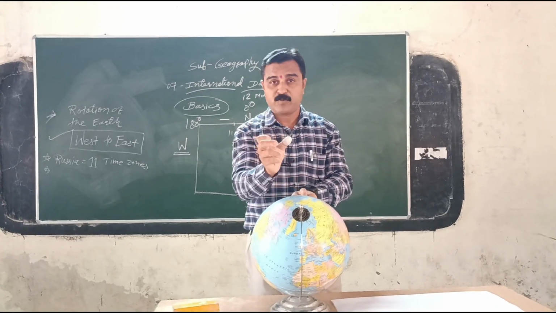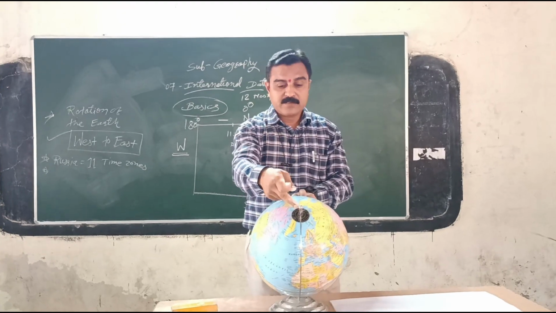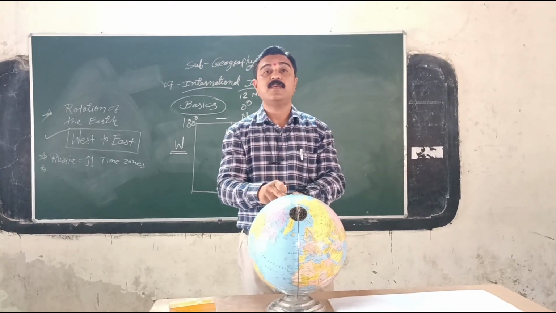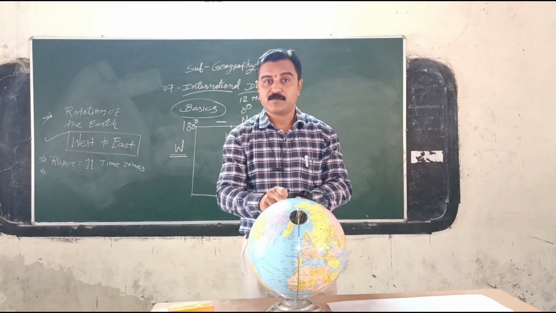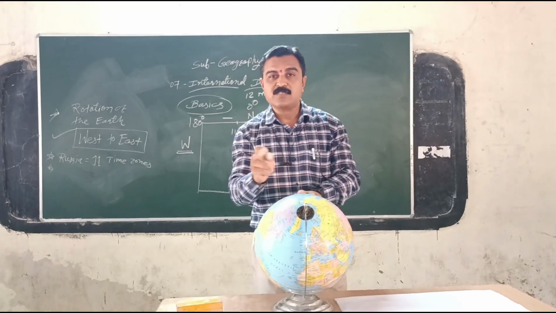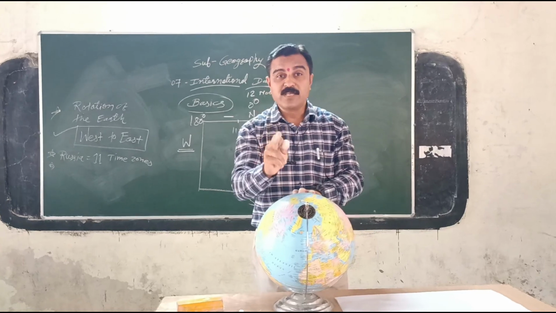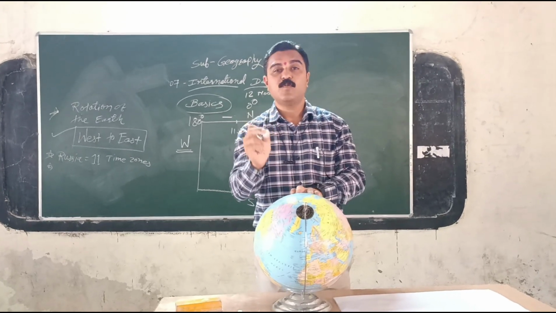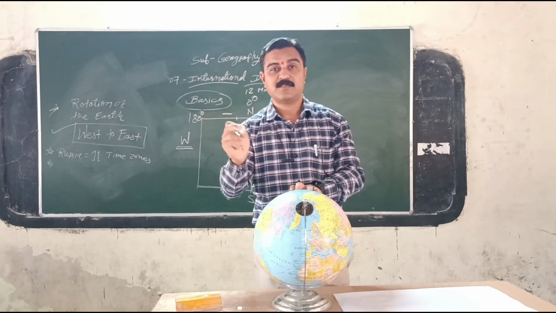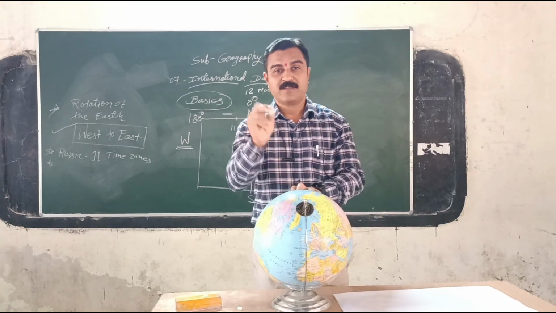Whenever we have a 24, it means midnight. Then we are on the 180 degree longitude. And when we cross this longitude towards the west, then a new day starts. The new day starts with 0100 hours. That is morning 1 AM.